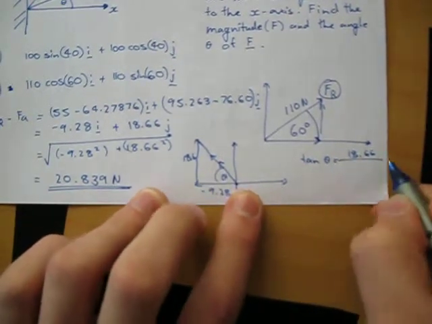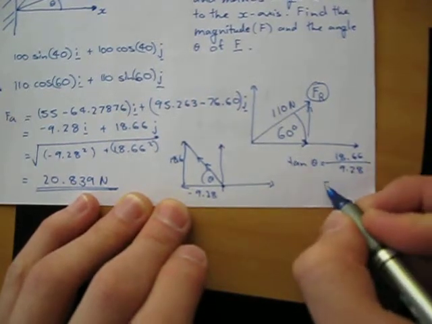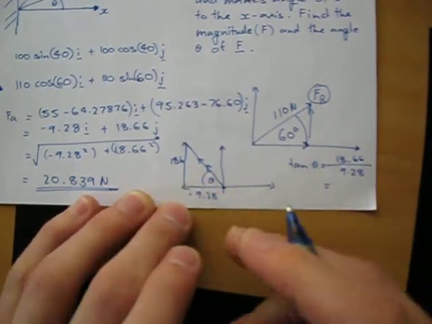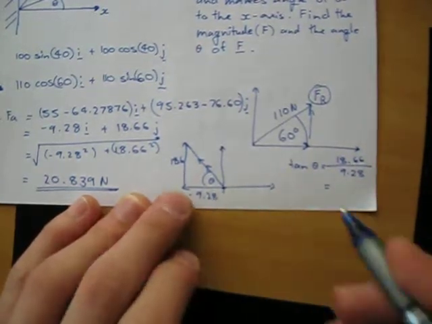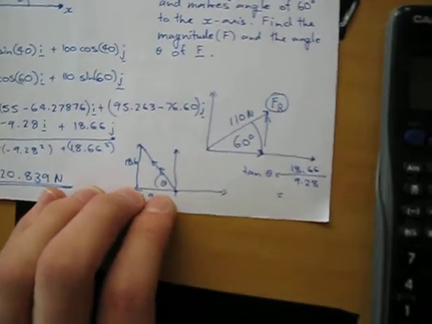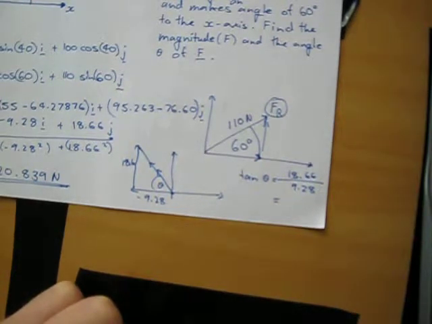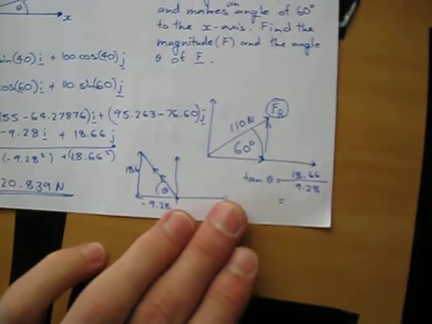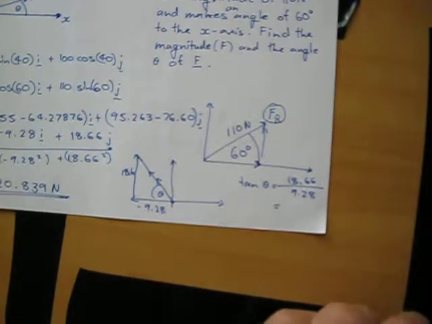18.66. Oh, and for now we won't take the negative value, we'll just use the positive value because we just want to work out that angle without any reference to any other axes at the moment. So we're just working this out. So quite simply, you should get a 53, I believe it is.